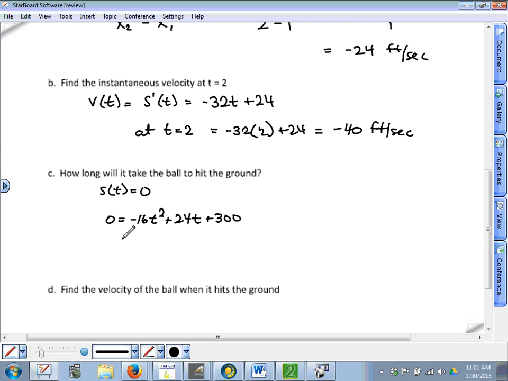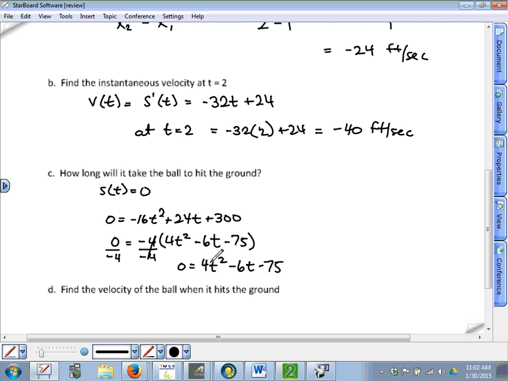Okay. Now you can factor out a negative 4. Minus 6t and 75. And then if you divide by negative 4, you have 0 equals 4t squared minus 6t minus 75.